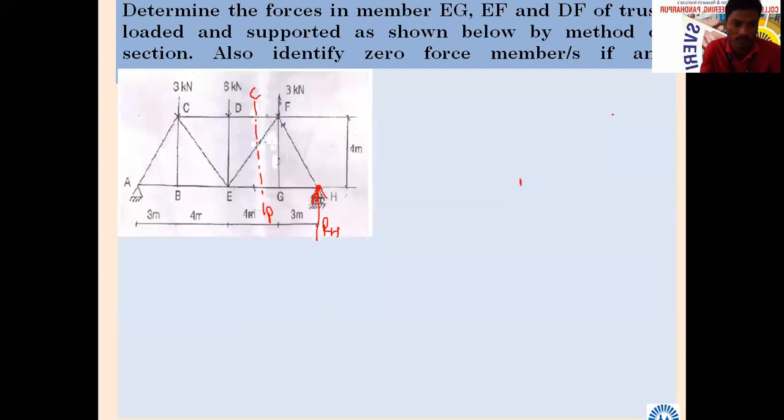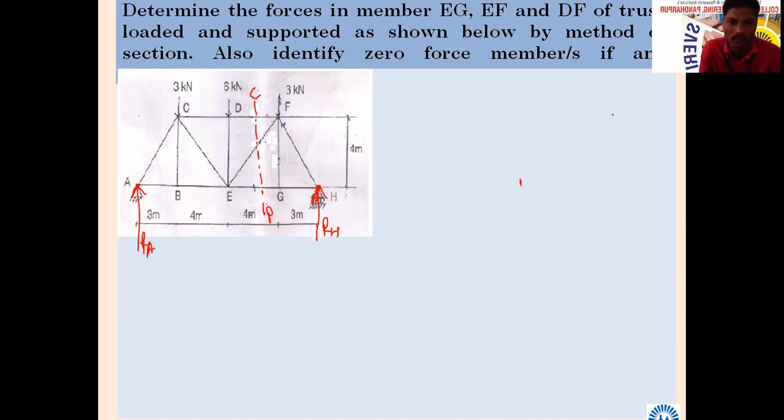What about point A? Two reactions. It will be two reactions. But is there any force, either inclined or horizontal? No, sir. There is no horizontal force and no inclined force on it. So the overall resultant reaction at point A, with horizontal and vertical components, what will it be? Vertical component only.